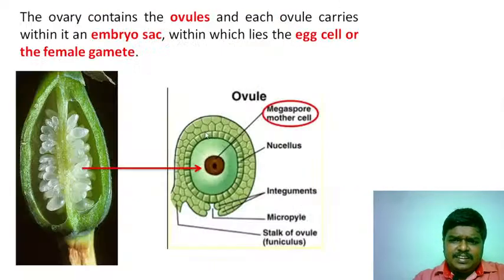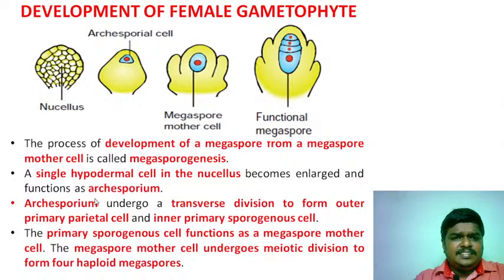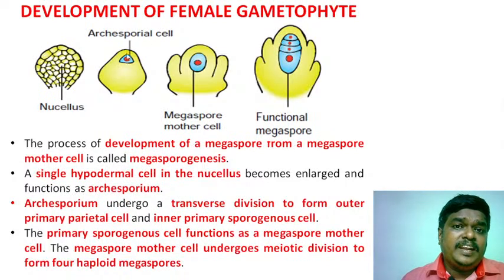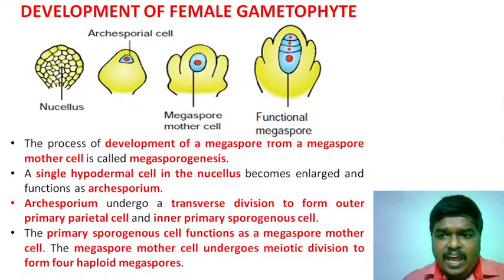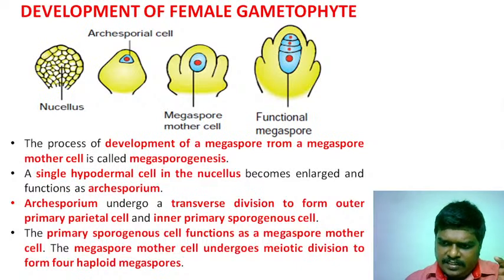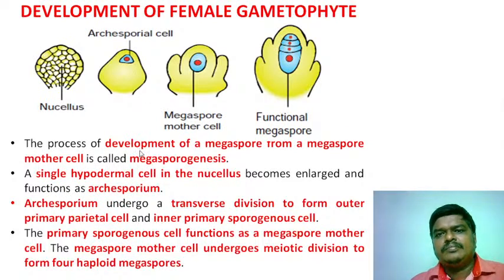The cells that surround the megaspore mother cells. A single nucellus cell becomes enlarged and develops into archesporial cells or archesporium.